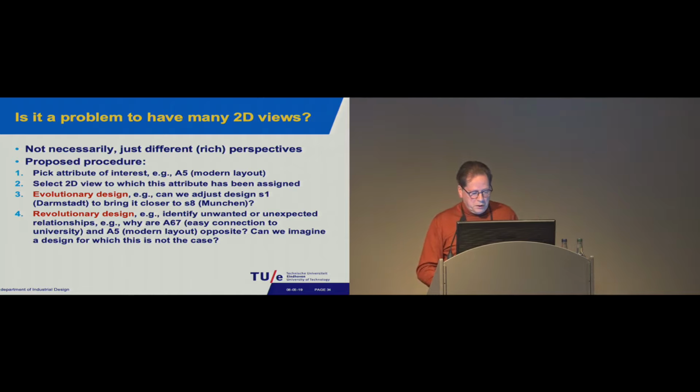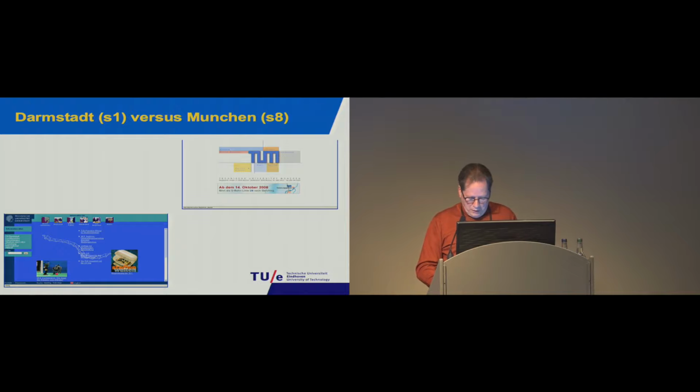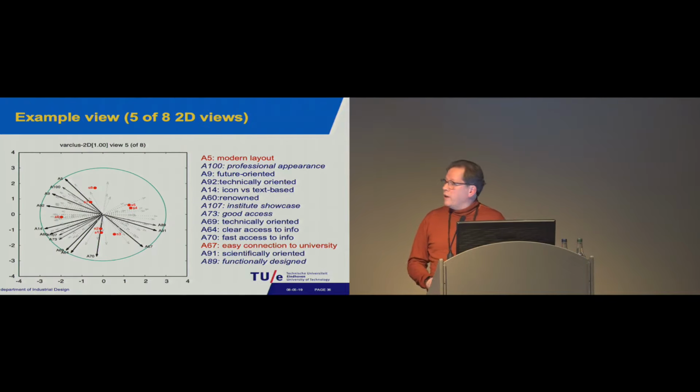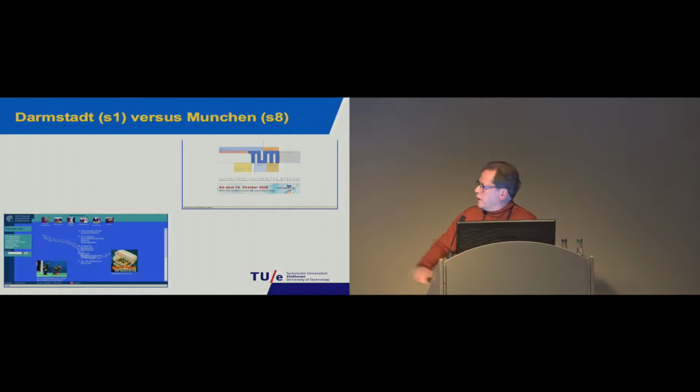If I look at this view, which happened to be the same one as I was showing you before, but now with the different attributes named, I could say the people who were doing this study were actually S1, the university website S1, which was the one at the bottom left, from Darmstadt.